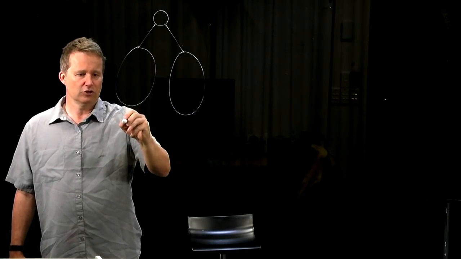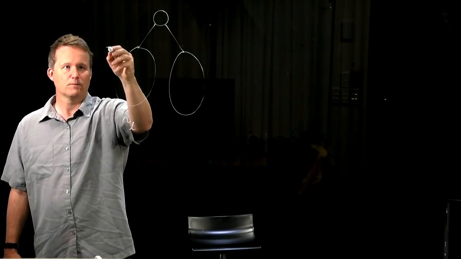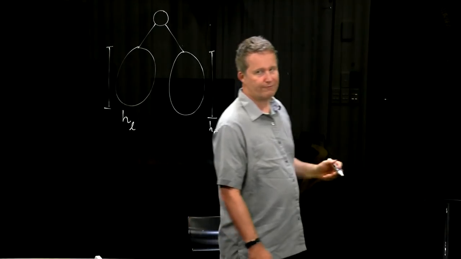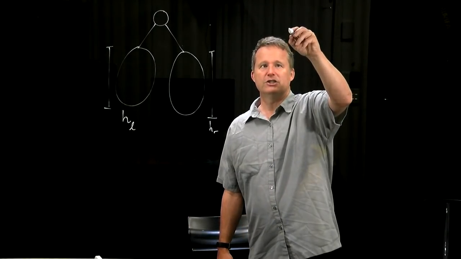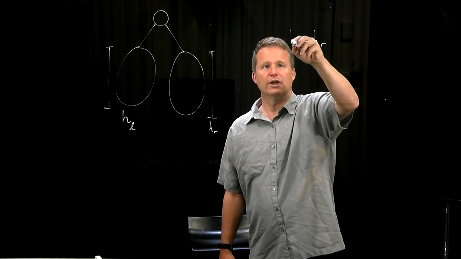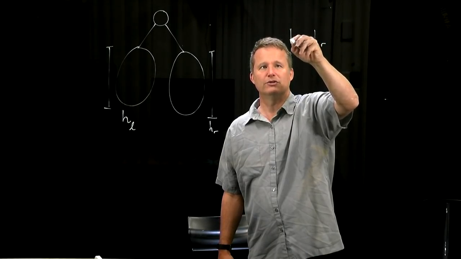It's that if you look at the height, say, of the left subtree, and then you look at the height of the right subtree, they're not too far off. The basic condition is that the height of the left subtree and the height of the right subtree are no more than 1 away from each other.